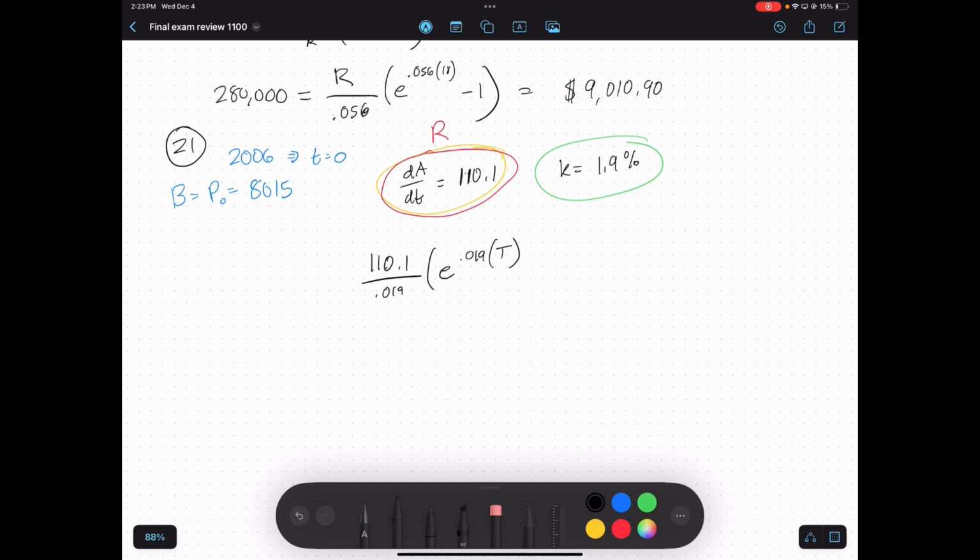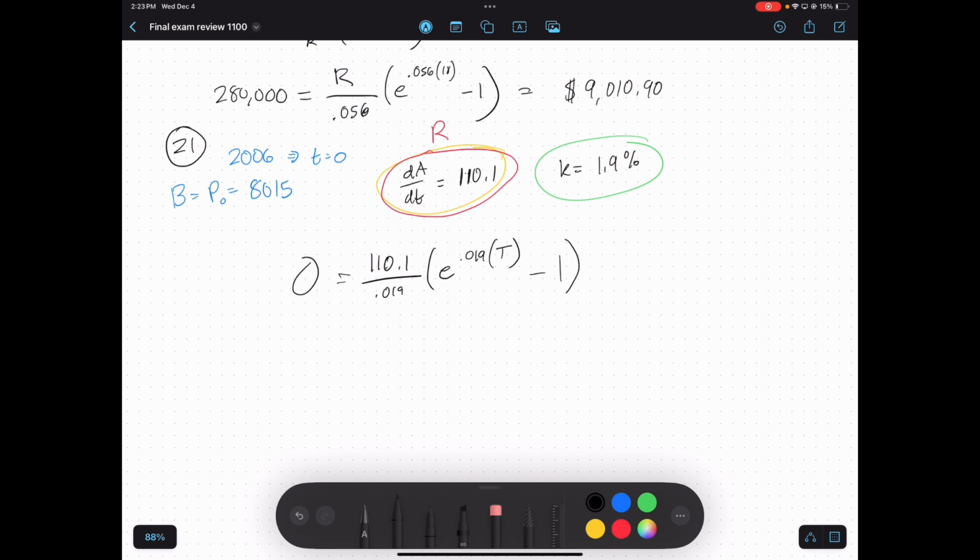It says, in what year will the world reserves of this resource be depleted? So I don't know how many years it's going to take. That's what I'm solving for. But notice how you use the future value equation, which is fine. And we might be thinking, I want my future value to be 0.